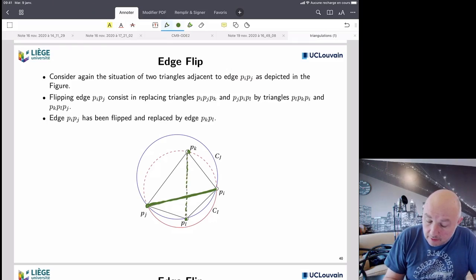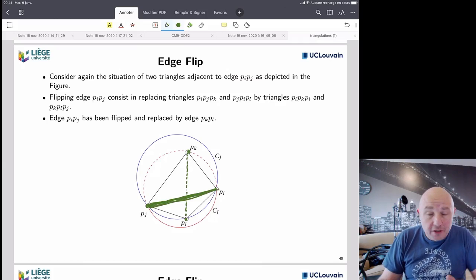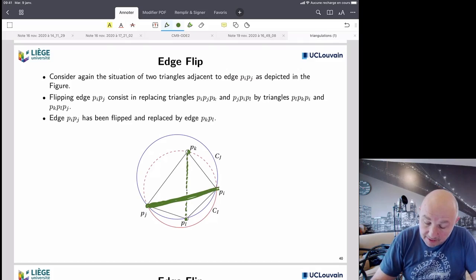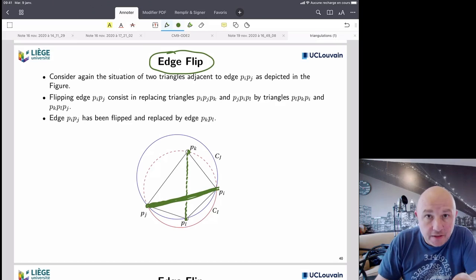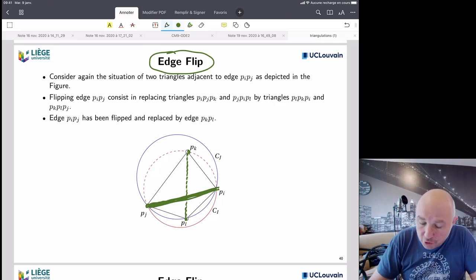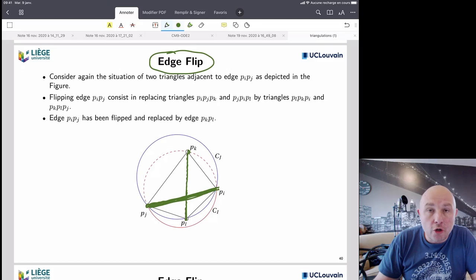If this edge, PJ, PI, is not locally Delaunay, what you can do is flip it. Replace that green edge by the other diagonal of the quadrilateral. This is the edge flip operation. What you can guarantee is that if you flip an edge that is not locally Delaunay, the new edge here is locally Delaunay.